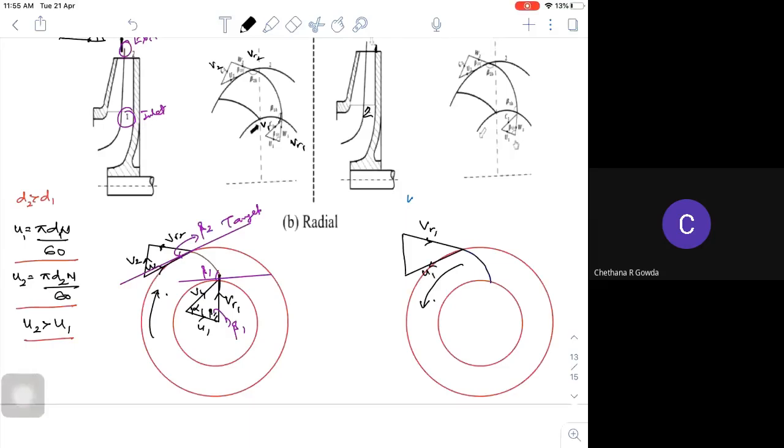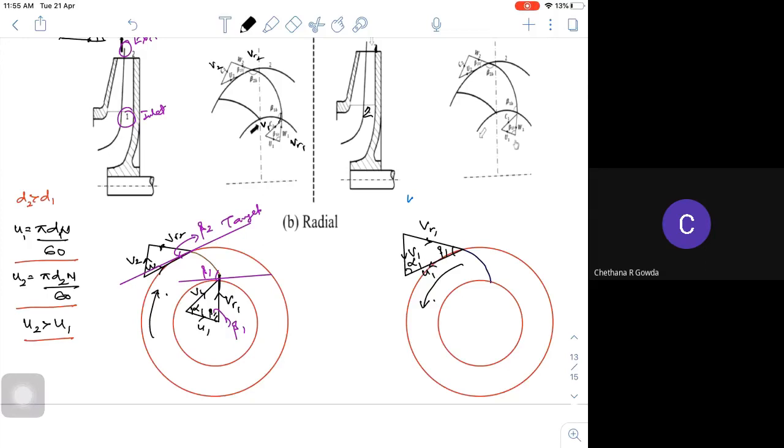I may be getting V1 somewhere here, and to construct a triangle, I can push it to this particular point. I have to draw this triangle. This will be my corresponding alpha 1. This will be beta 1.